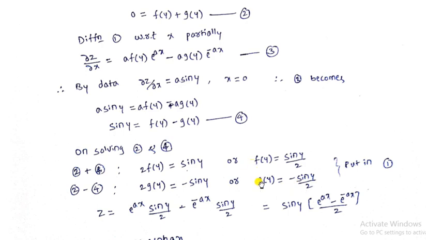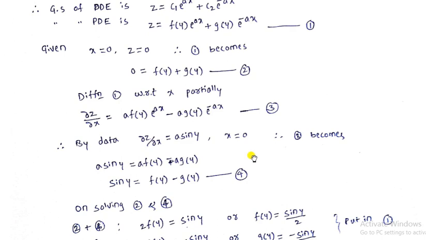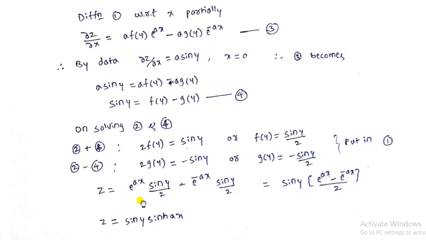Then finally use f(y) and g(y) in equation number 1. So equation 1 becomes z = e^(ax) sin y / 2 - e^(-ax) sin y / 2, or sin y (e^(ax) - e^(-ax)) / 2. Using the hyperbolic sine formula, this is sin y sinh(ax), which is the required solution.